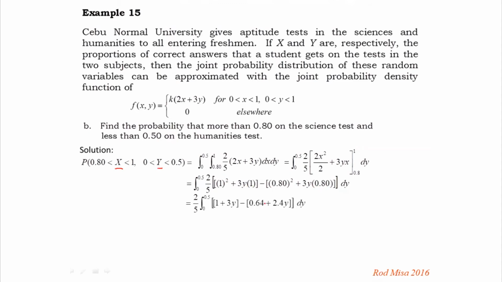So substituting our limits of integration, we have 1 squared plus 3y times 1. And this will be subtracted by the square of 0.80 added to the product of 3y times 0.80. So simplifying our expressions, we have 1 plus 3y minus the quantity of 0.64, which is the square of 0.80, plus 2.4y.